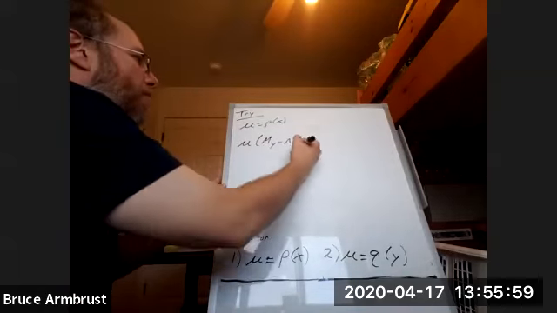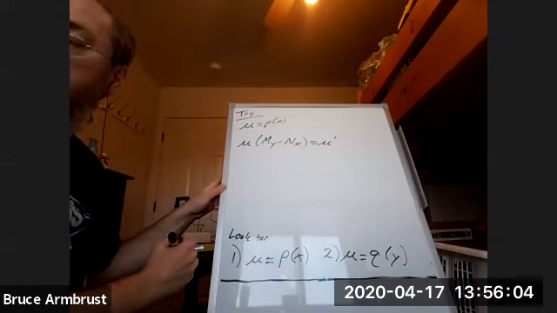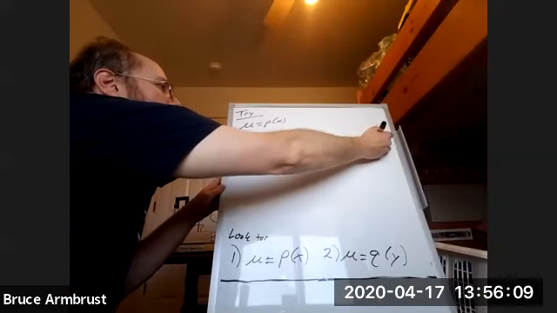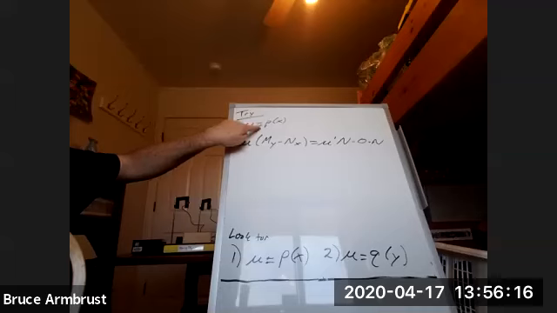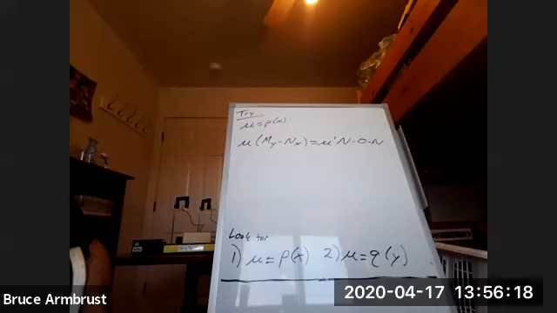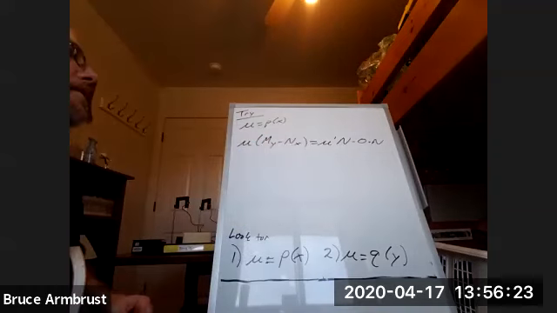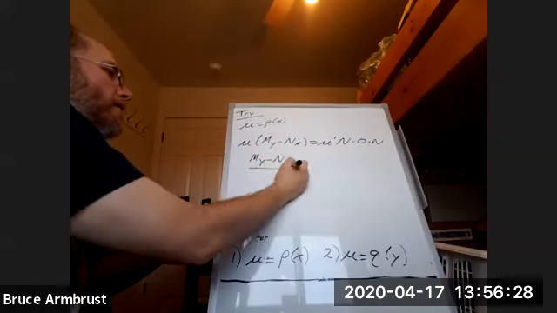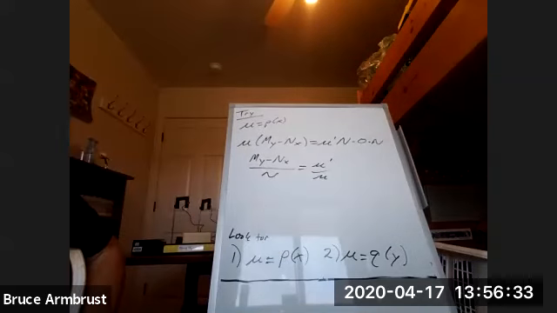That was equal to mu of x, so that's going to be mu prime times n, and then minus 0 times n, because the partial of this with respect to y is 0. So what we're left with is a separable differential equation. We get my minus nx over n is equal to mu prime over mu.